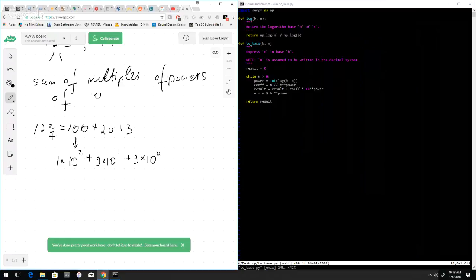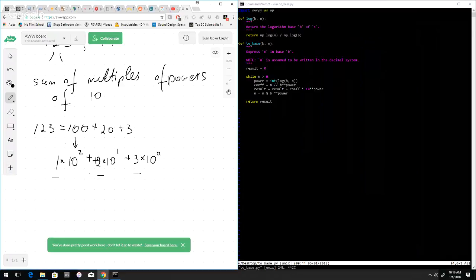We've represented our number in the decimal system as a sum of multiples of powers of the base. So the sum is these pluses, the multiples are these coefficients here, and then the powers of the base.